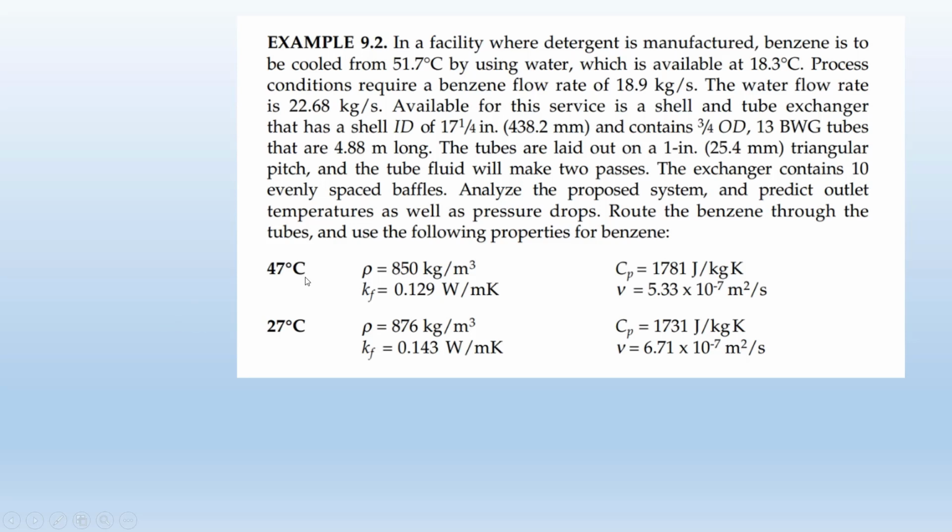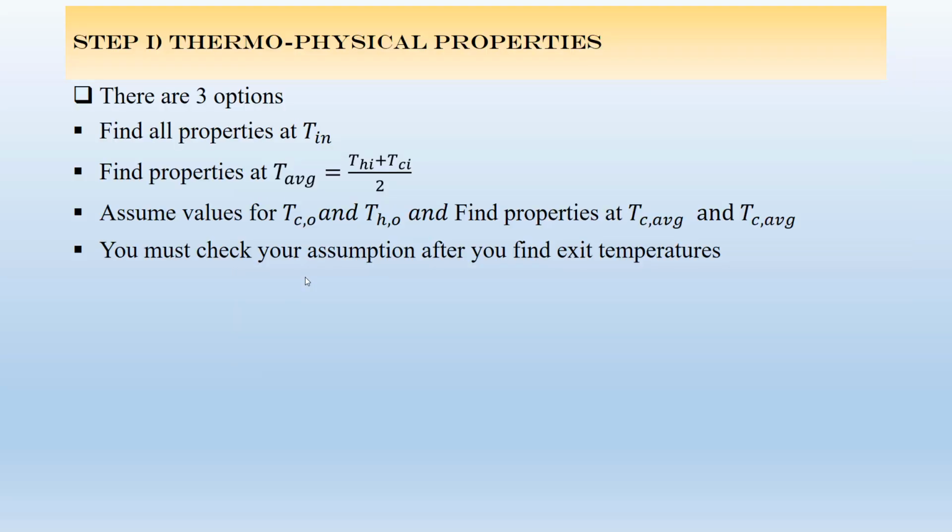Okay, now to design each and every heat exchanger, as a first step, you need to find all thermophysical properties. So to find all thermophysical properties, you need to use a reference temperature. So for the reference temperature, you have three different options. So you can find all thermophysical properties at the inlet temperature, or you can use an average temperature, because normally the inlet temperature of hot fluid and cold fluid are known.